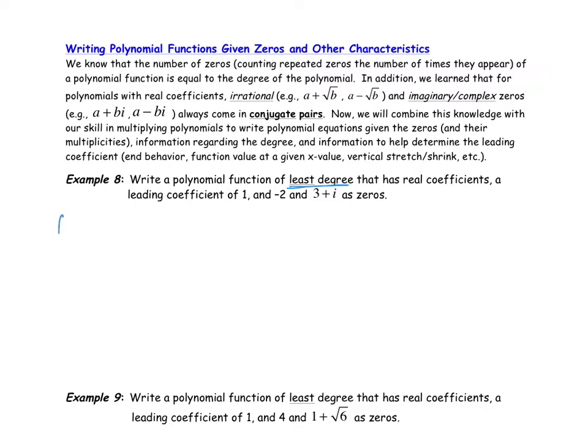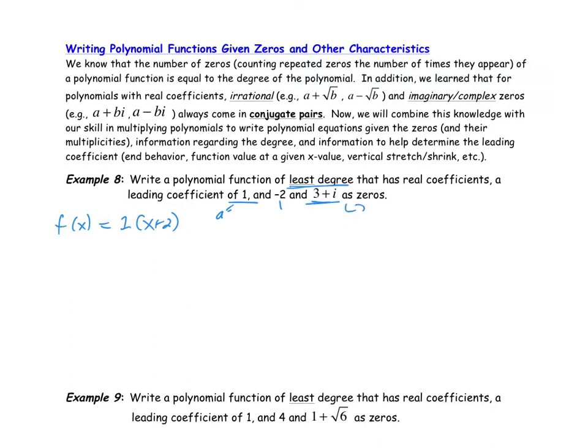So we're going to say f of x is going to be, we have a leading coefficient of 1, so that's a is 1, and then we have a 0 at negative 2. So that means this 0 at negative 2 means that we're going to have x plus 2 as a factor. And then we know that 3 plus i is a 0.